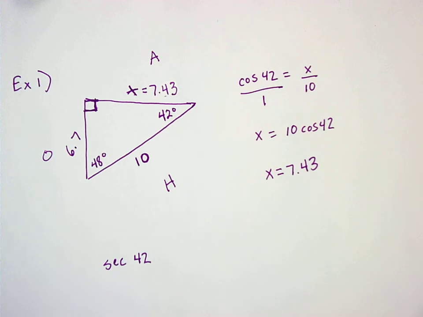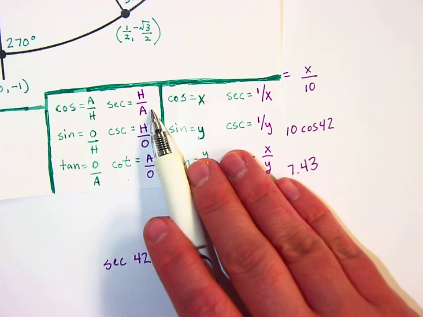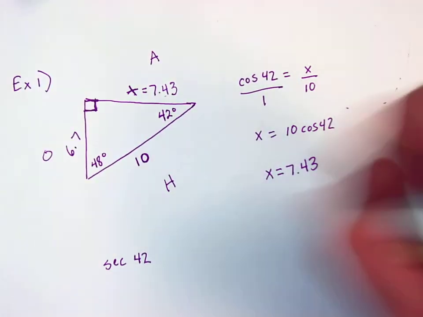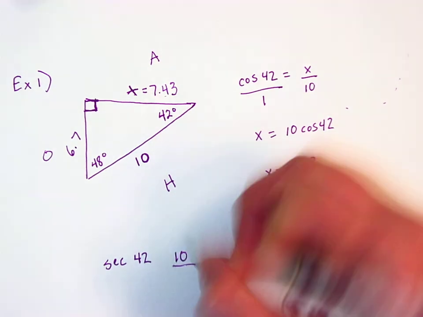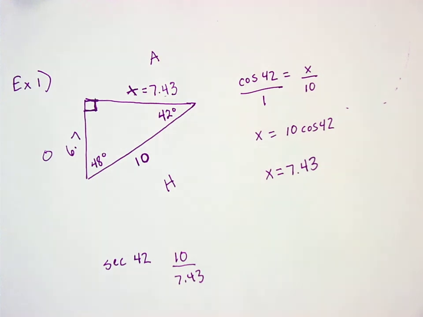It'd be 10 over 7.43. Good. Okay, so if I look over this, I see that secant says it would be h over a. So I'm going to take the hypotenuse, which is 10, over a, which is 7.43. Which is like 1.3-ish.